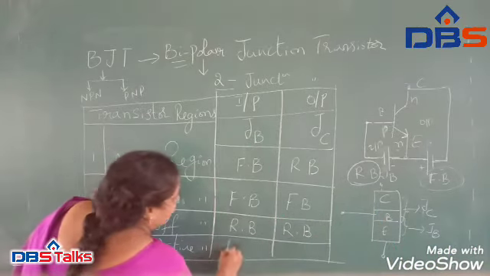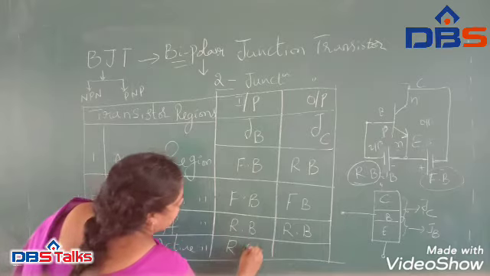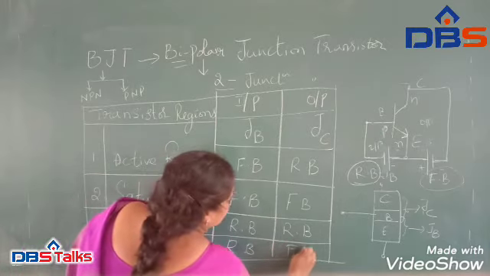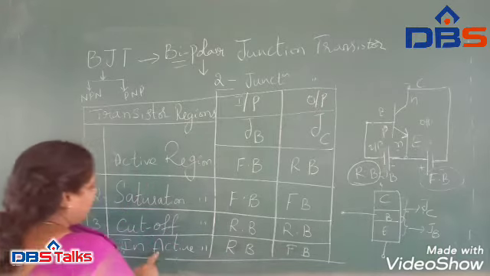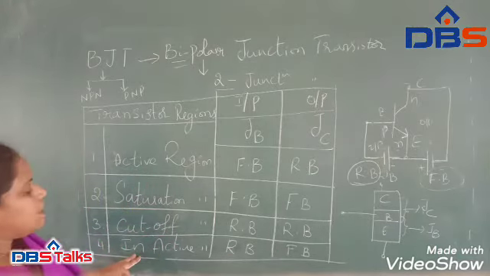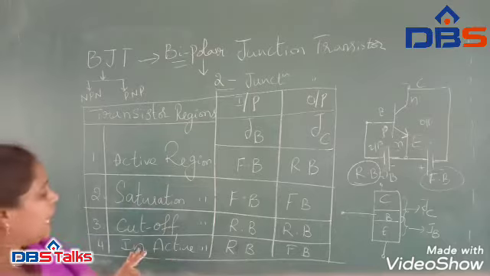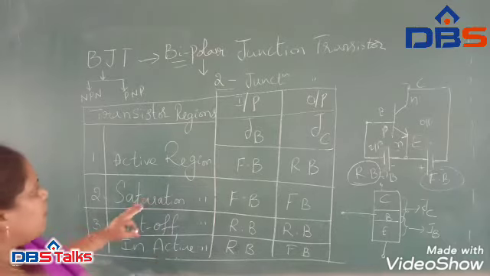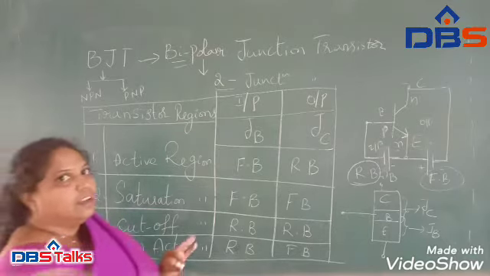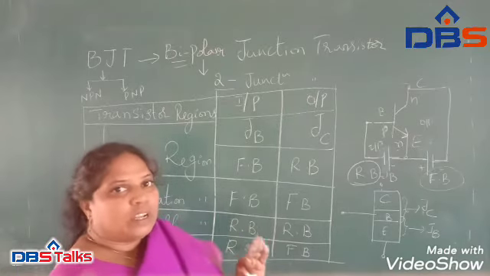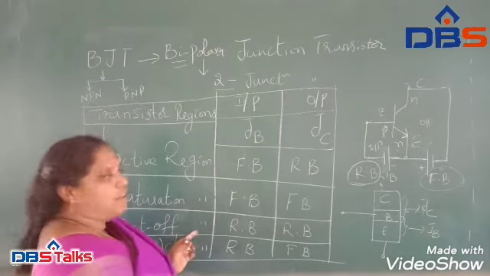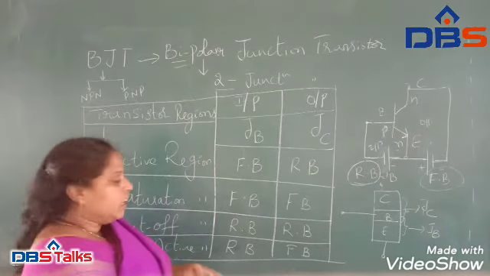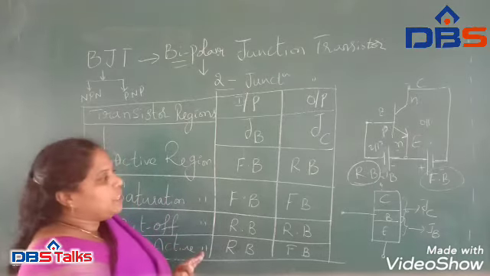Here the input junction is reverse bias and the output junction is forward bias. In this condition we consider the transistor to be in the inactive region. But we usually see only three regions: active region, saturation region, cutoff region. But we have another region, the inactive region.